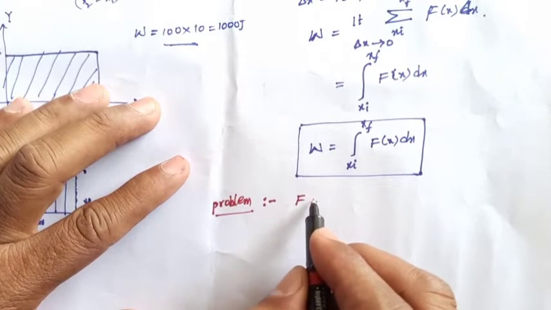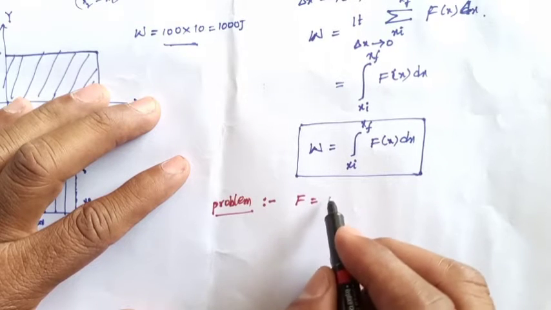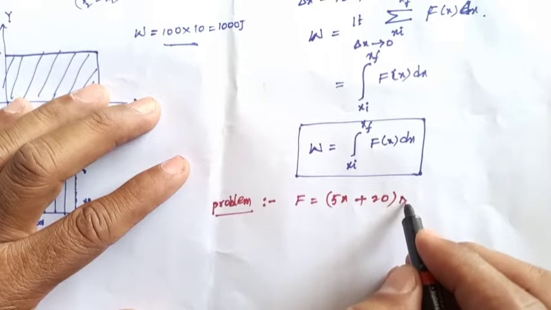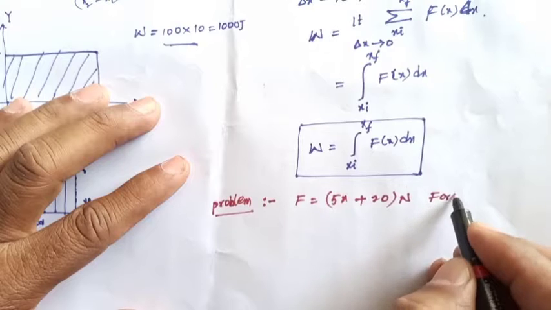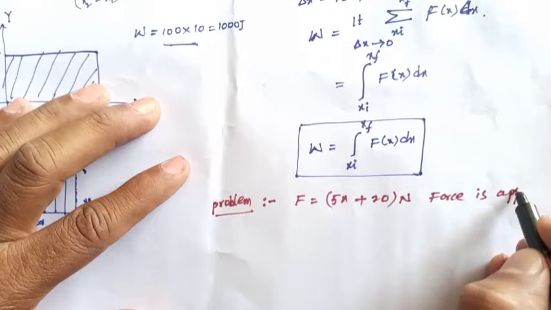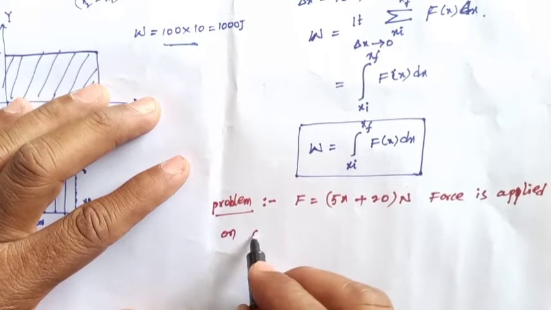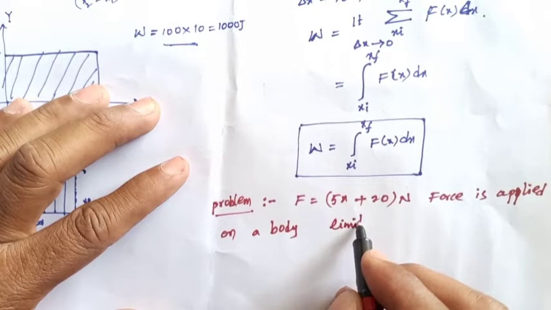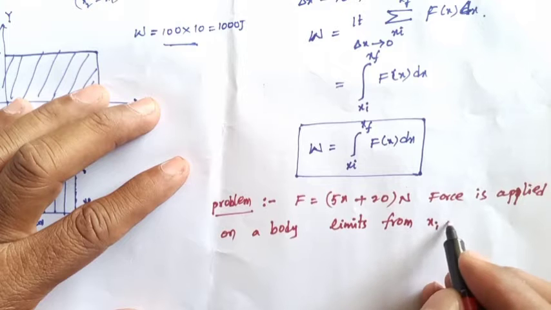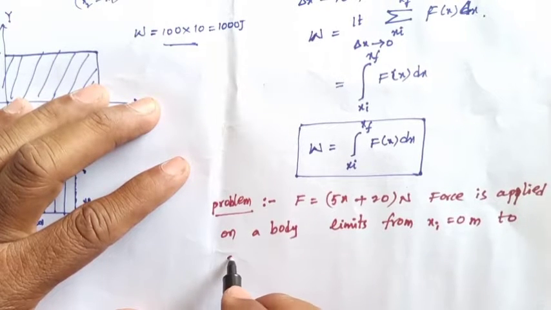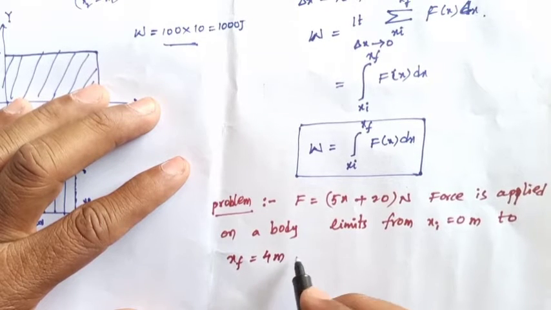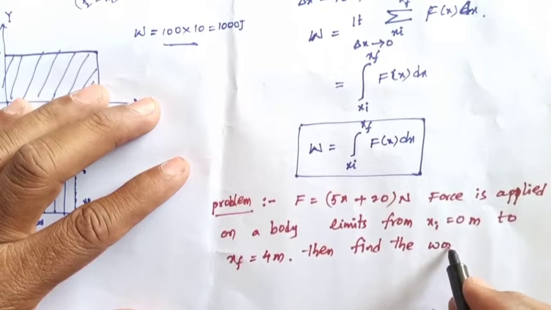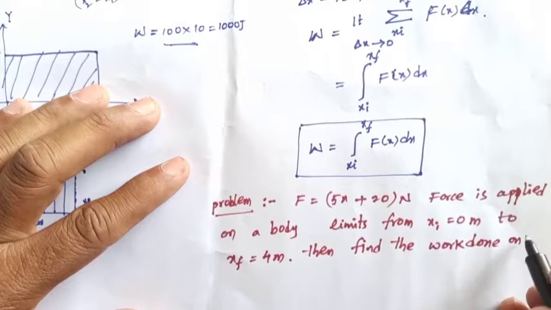The force F equals 5x plus 20 newtons is applied on a body, with limits from xi equals 0 meters to xf equals 4 meters. Then find the work done on the body.